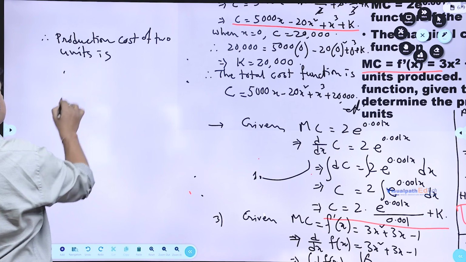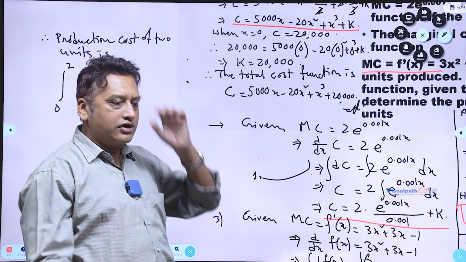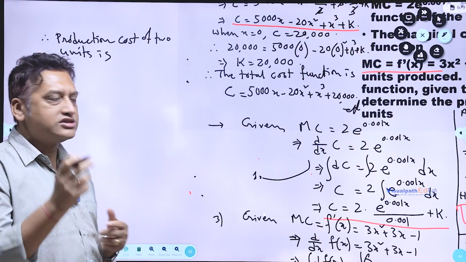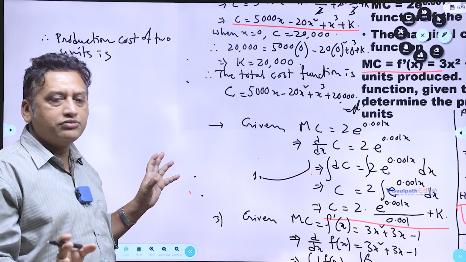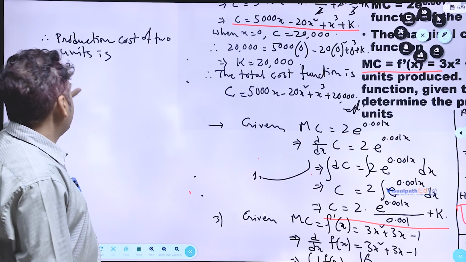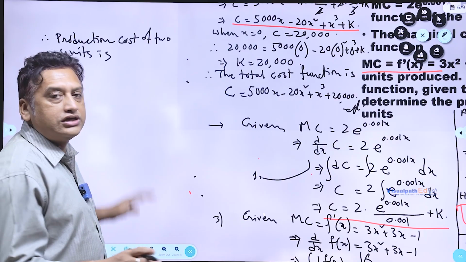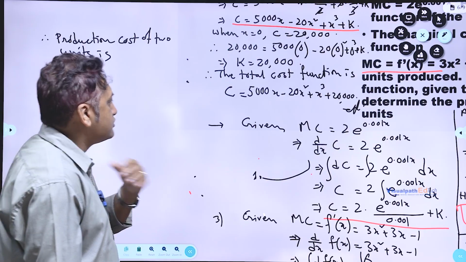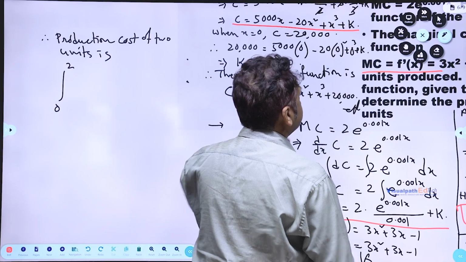is, now this is a sum of definite integral. So where you are having lower limits as well as the upper limit. Lower limit is 0, production can be 0, lowest value, and the maximum is 2. 2 units is what they are asking to find. And you have to integrate the marginal cost function. Marginal cost function is given to us. What was the marginal cost function?